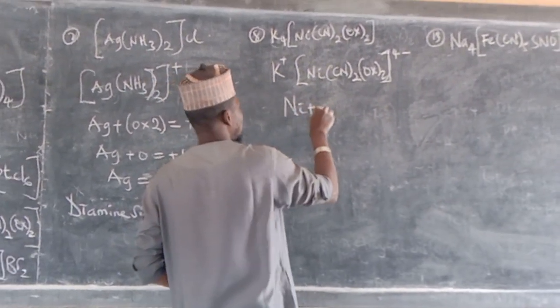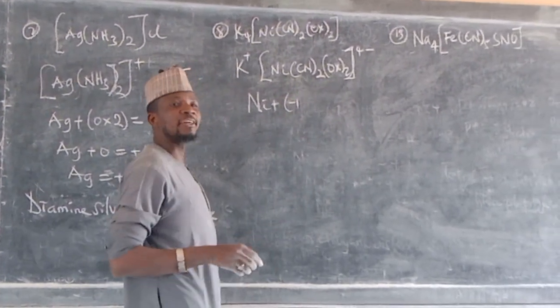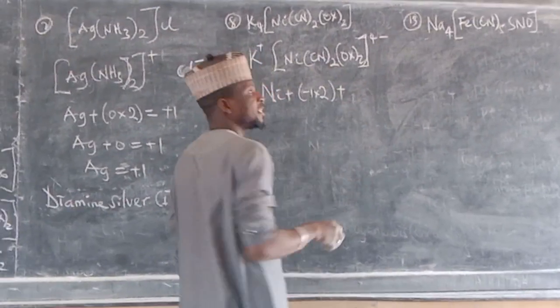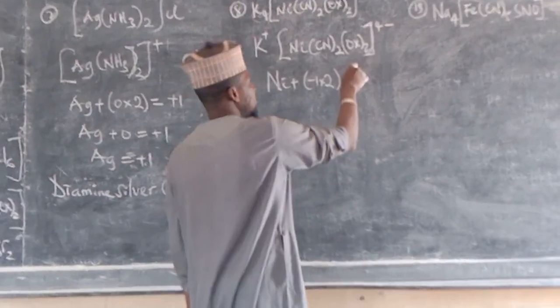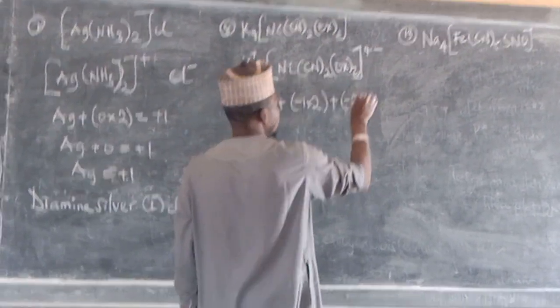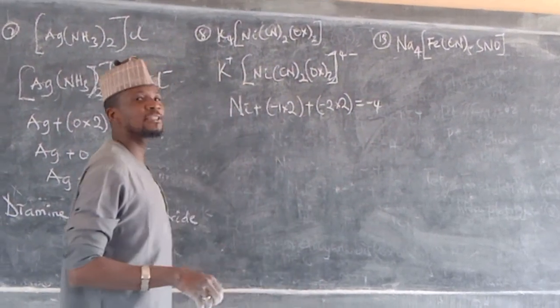So we need to find the oxidation state of nickel here. Nickel plus cyano is minus 1, and how many do you have here? 2. Plus this is ethane-1,2-dioic acid, the oxalate. The oxidation state is minus 2, and how many do you have here? 2. Then everything will be equal to minus 4.